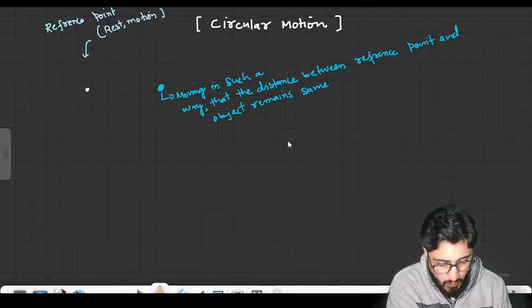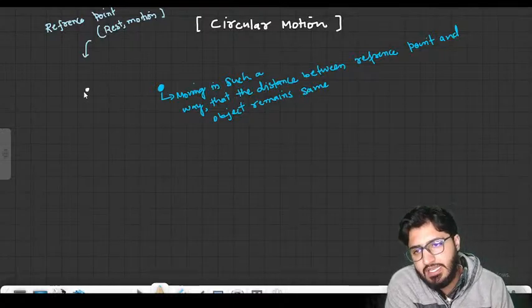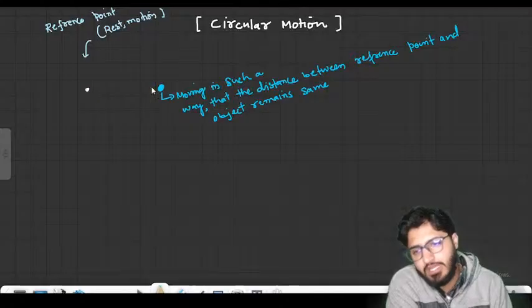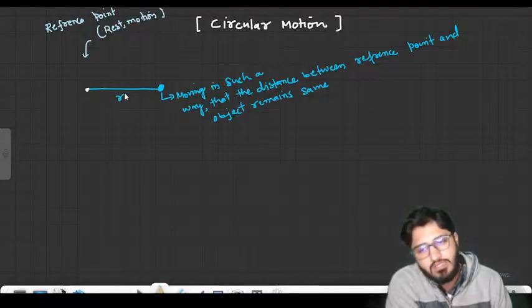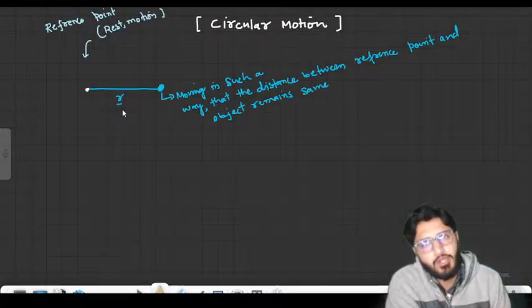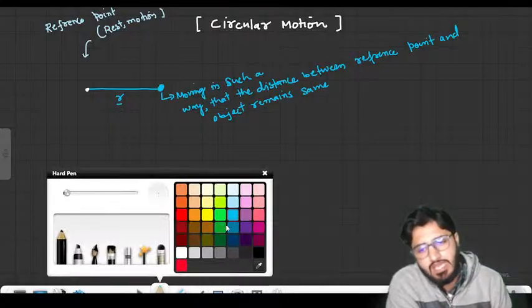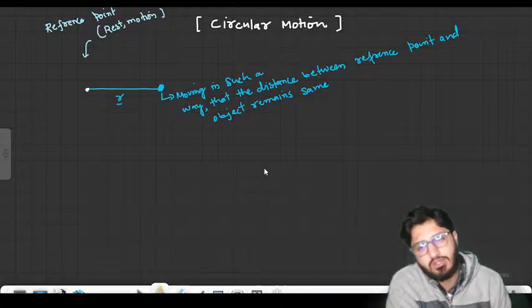What does it mean? Suppose this is my reference point and this is my body, and the distance between the reference point and the body is, let us suppose, r. The body should move in such a way that this r is constant at every point. That particular type of motion is known as circular motion.